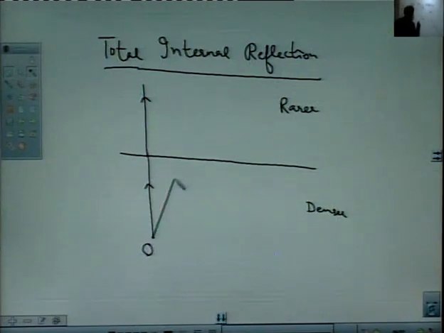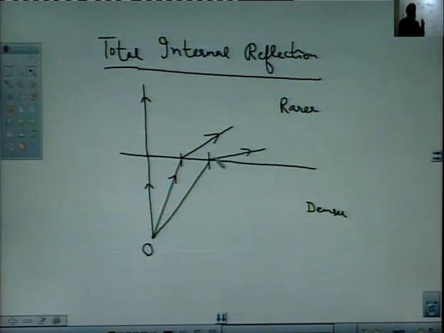Another ray of light, if it strikes here, will bend away. Why away? It is going from denser to rare. If another ray of light comes in, then the angle of refraction will increase, this angle will increase.